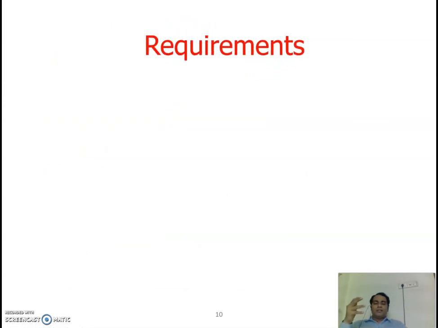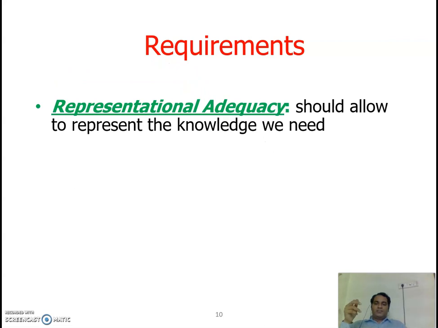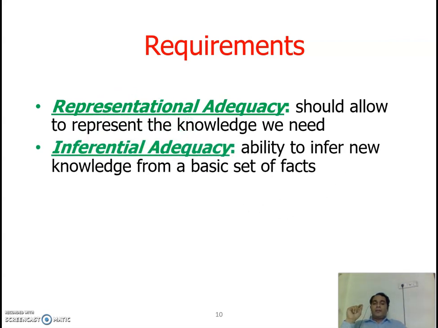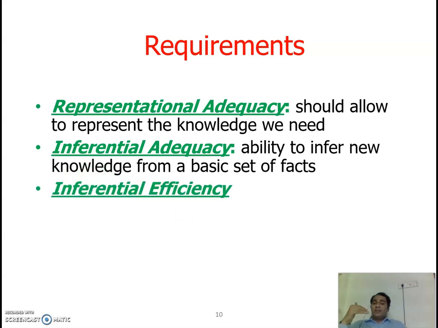The requirements for any knowledge based representation language are, first, representational adequacy: it should allow us to represent the knowledge we need. Inferential adequacy: it should have the ability to infer new knowledge from a basic set of facts. Inferential efficiency: how efficiently it is inferring.